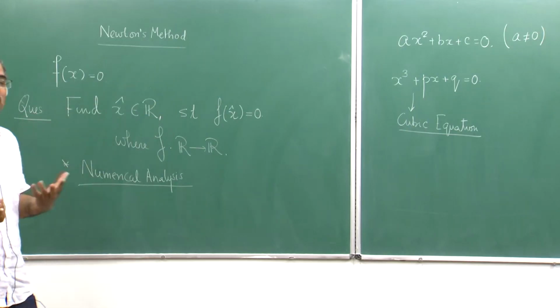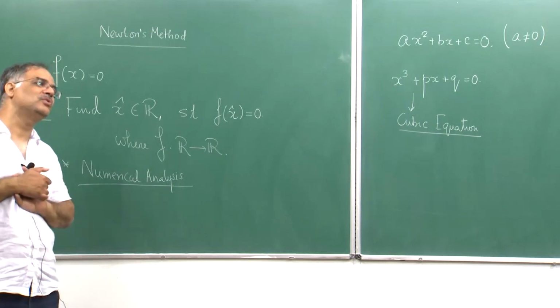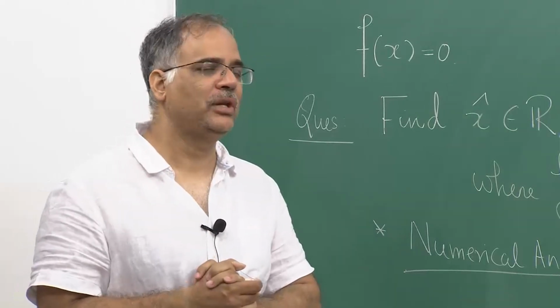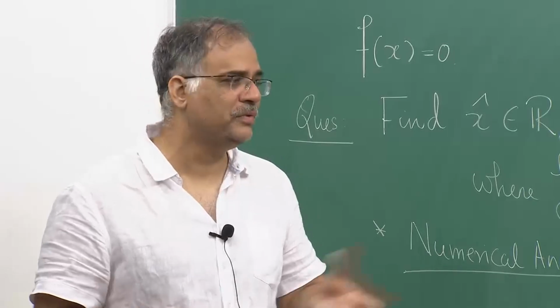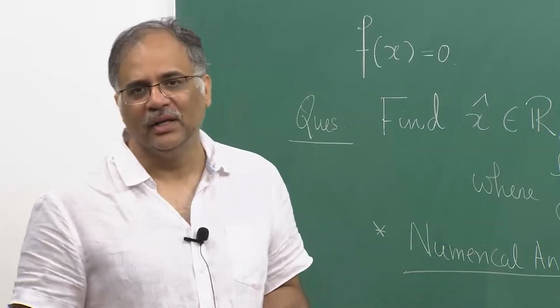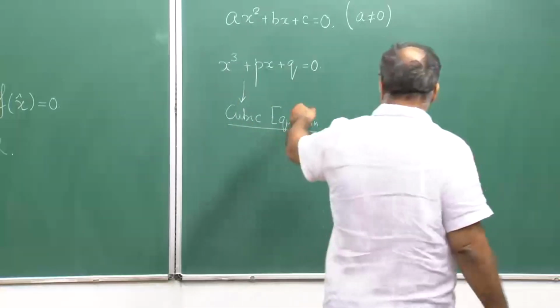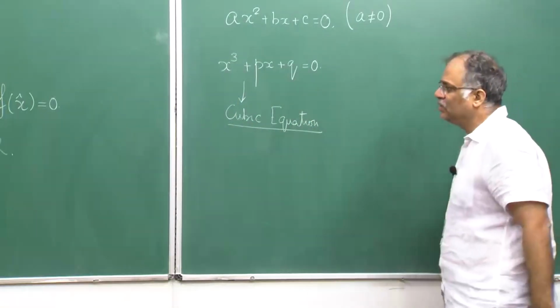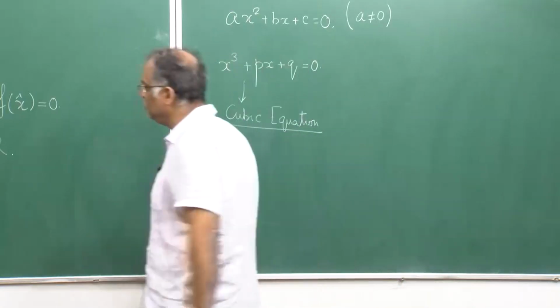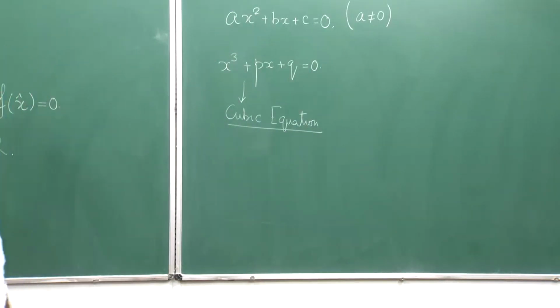Usually we say there was a desire to solve an equation of the form x square equal to minus 1. Of course, if I put a real number x and square it, it cannot be a negative number. So it came while trying to solve this. There is a famous solution called Cardano's solution or Tartaglia's solution.